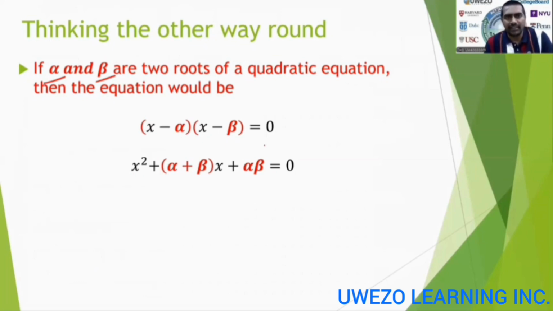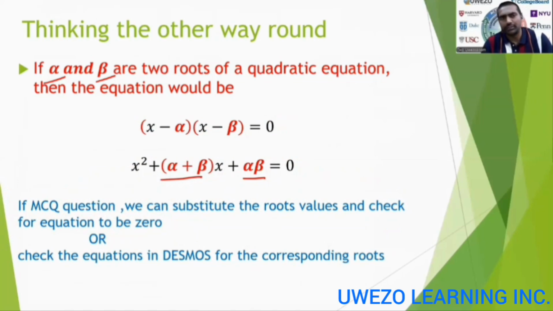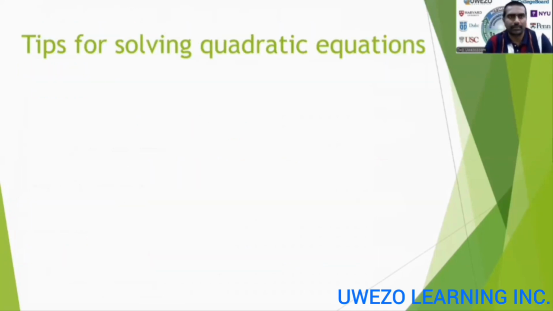After further simplification, we get x² - (sum of the roots)x + product of the roots = 0. Also, if it is a multiple choice question, you could substitute the root values and check for the equation to be 0, or you can put the equations in Desmos and check for the corresponding roots.